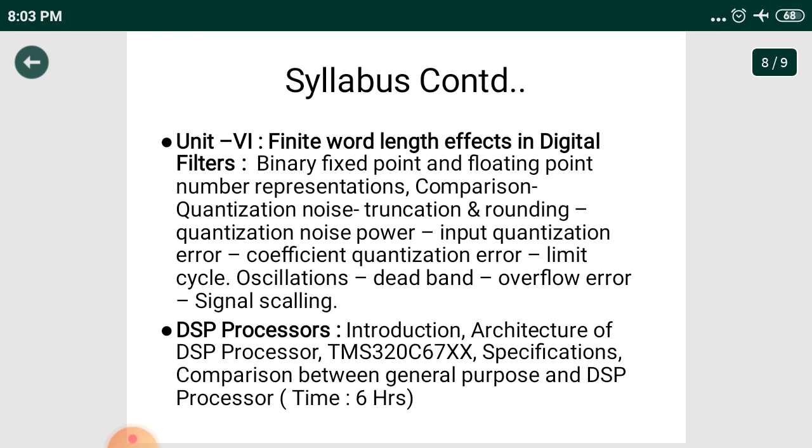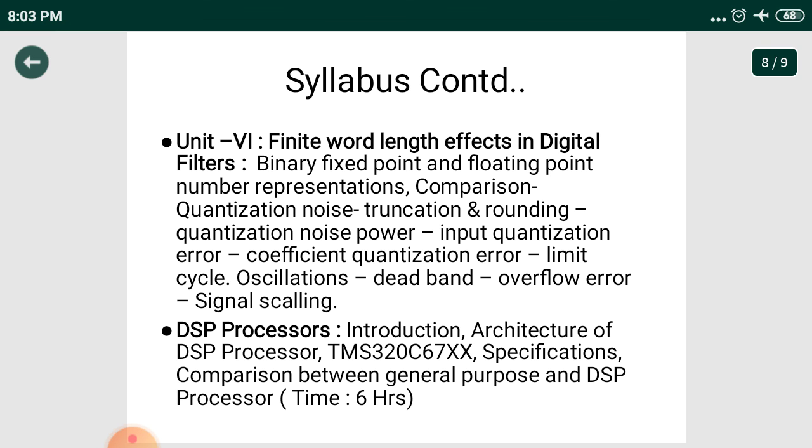Now the last unit of the syllabus of digital signal processing is Unit 6, finite word length effects in digital filters. This consists of binary fixed point and floating point number representations, comparison of quantization noise, truncation and rounding, quantization noise power, input quantization error, coefficient quantization error, and limit cycle.